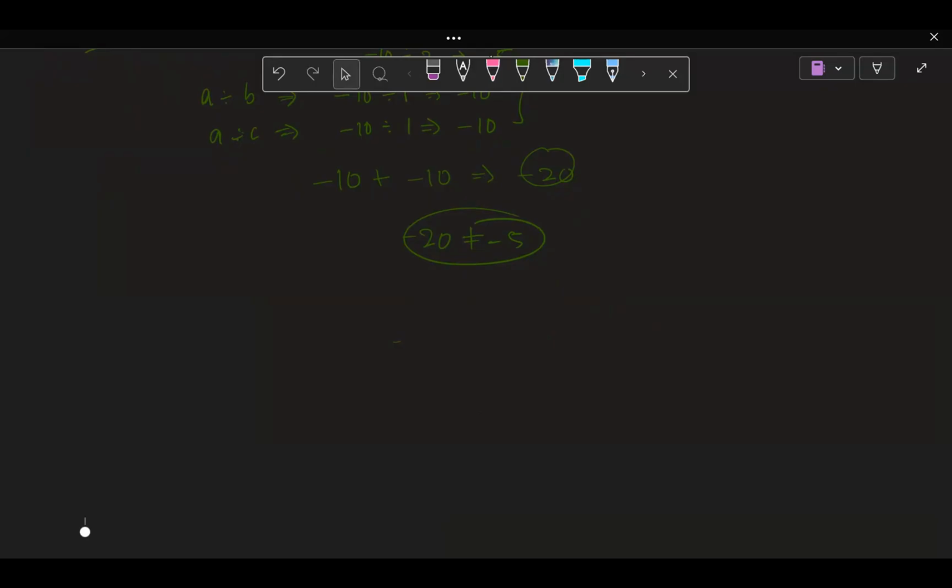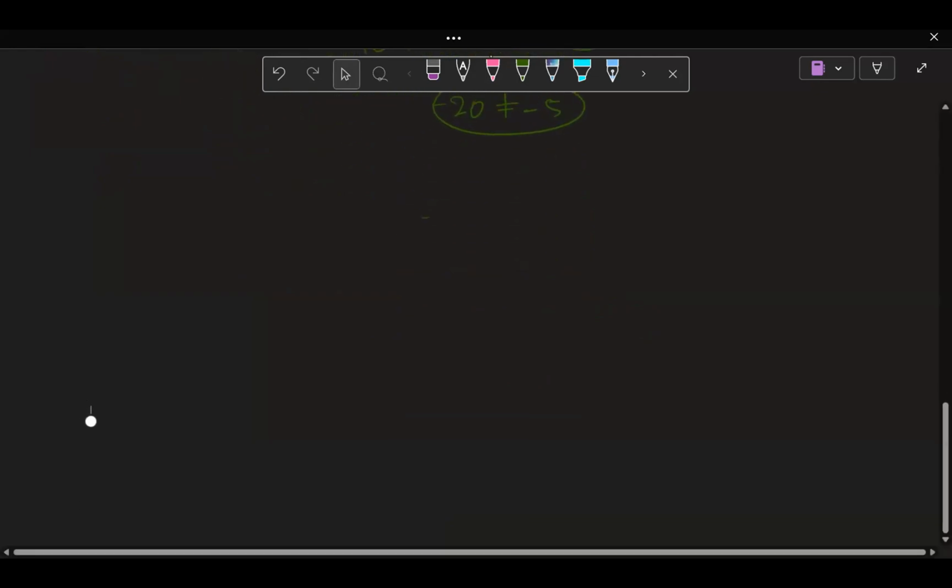Now the question is, this question we practiced in the previous class also, but I just want to re-discuss it once.